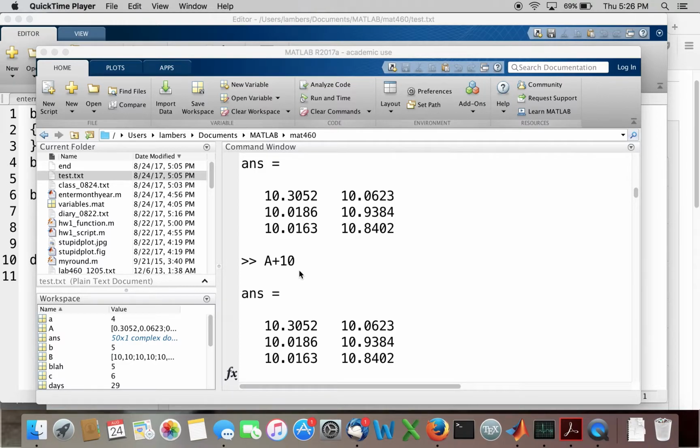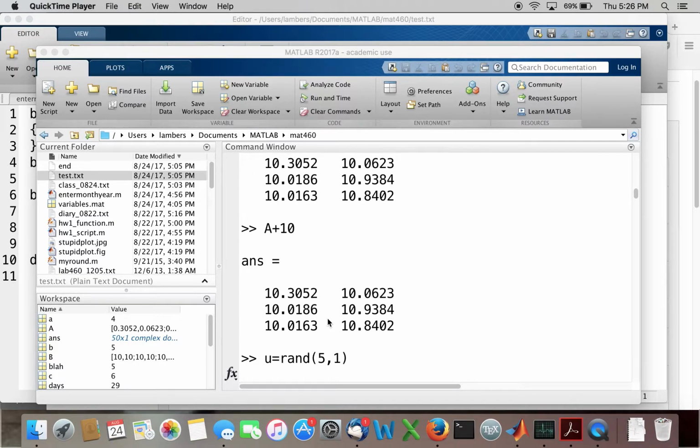And the reason why is MATLAB interprets this operation not as adding the scalar 10 to the matrix A, which would be a mathematically invalid operation, but rather as meaning that I intend to add a matrix of the appropriate size, 3 by 2, that has 10 as every element. So that's convenience.